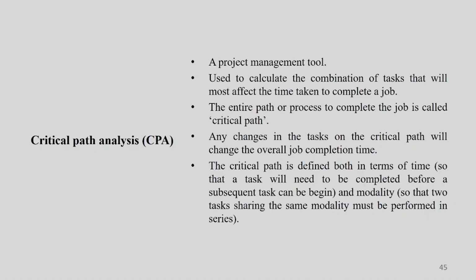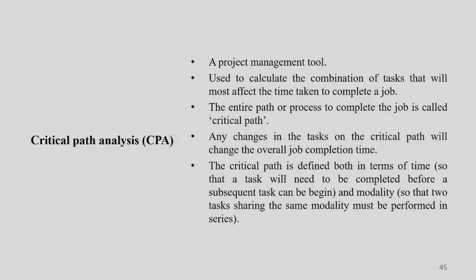This method is very useful when you have a long-run system, a big system to go ahead with. The critical path is defined both in terms of time, the total time taken, and modalities, how you are going to do the task.